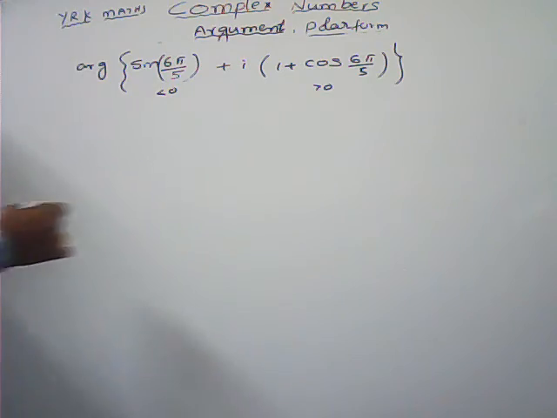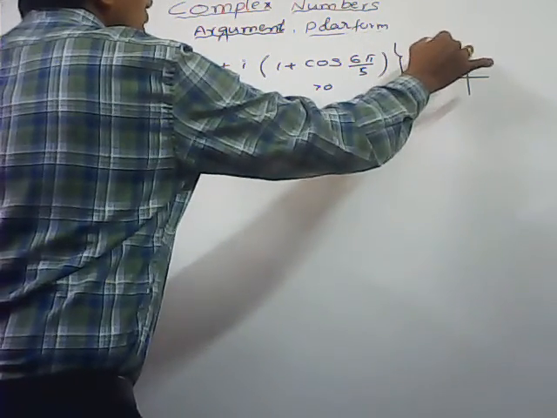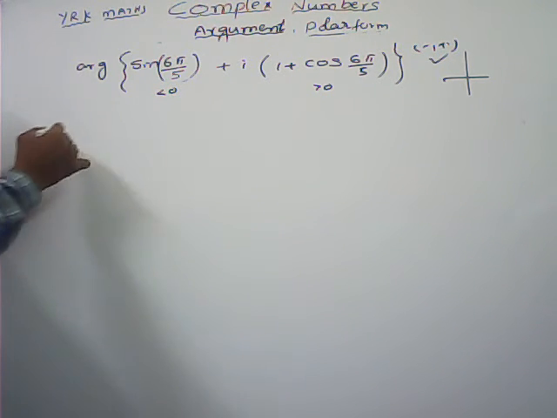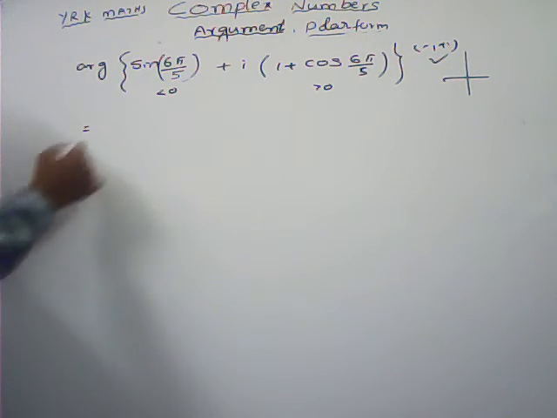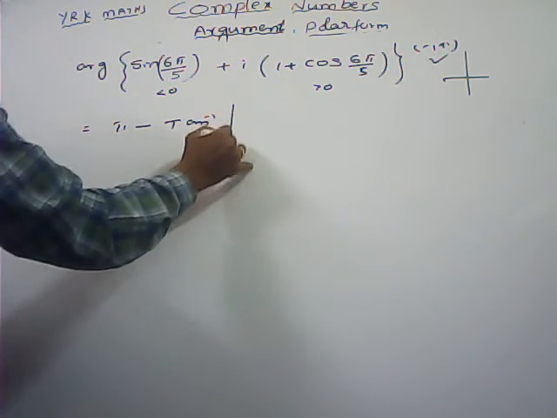Minus plus belongs to the second quadrant. Minus plus, real part is negative, imaginary part is positive. So that one belongs to the second quadrant. In the second quadrant, what about the argument? Pi minus tan inverse modulus of y by x.